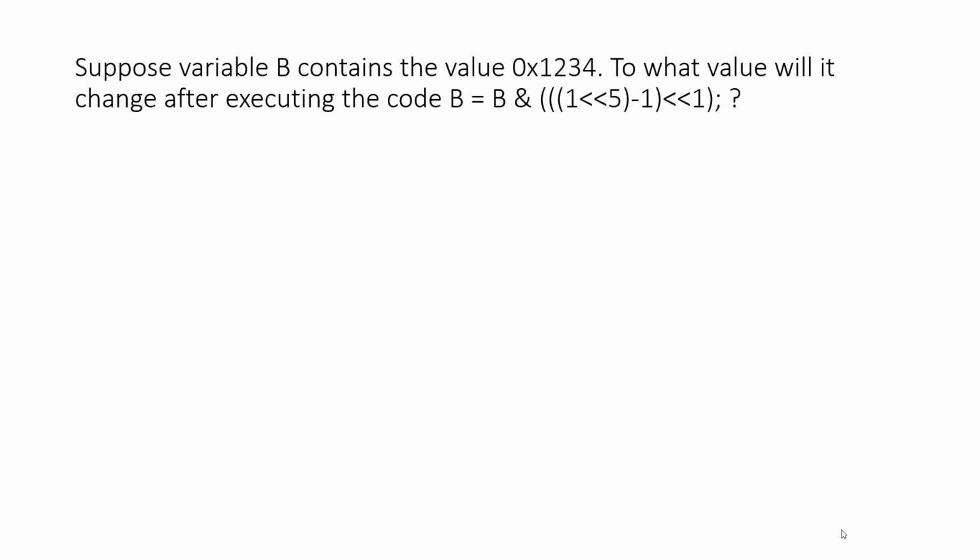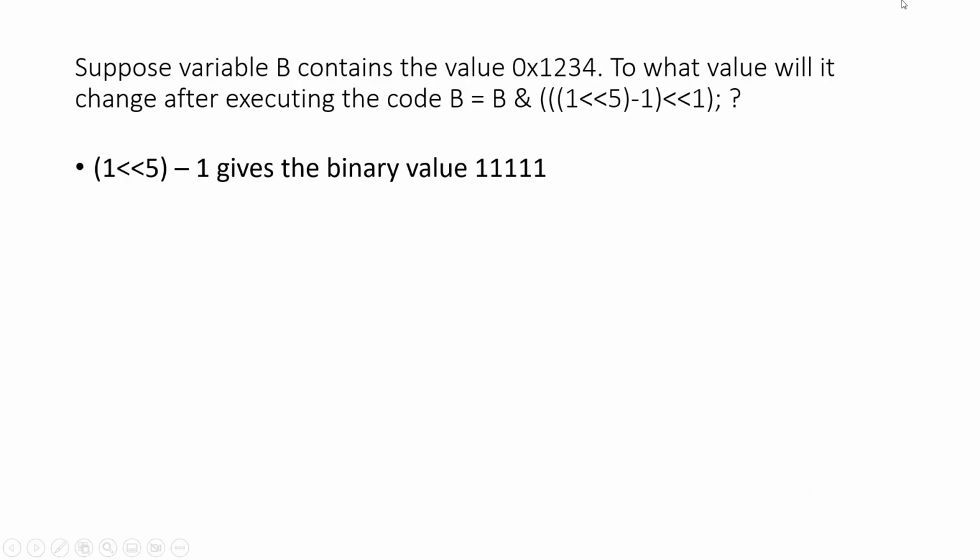Okay, suppose variable b contains the value 1234. To what value will it change after executing that code? So that one's more complicated. You have to figure this out by determining the order of operations. So 1 shifted by 5 bits to the left, subtracting 1, gives you 5 1 bits. That is this part of the code.